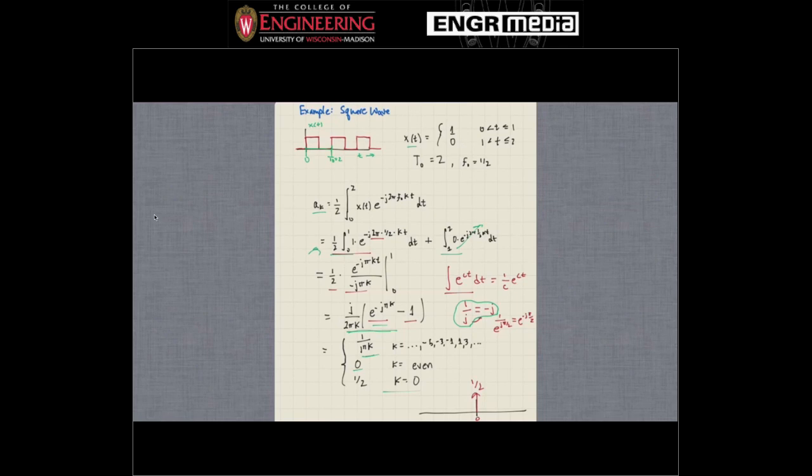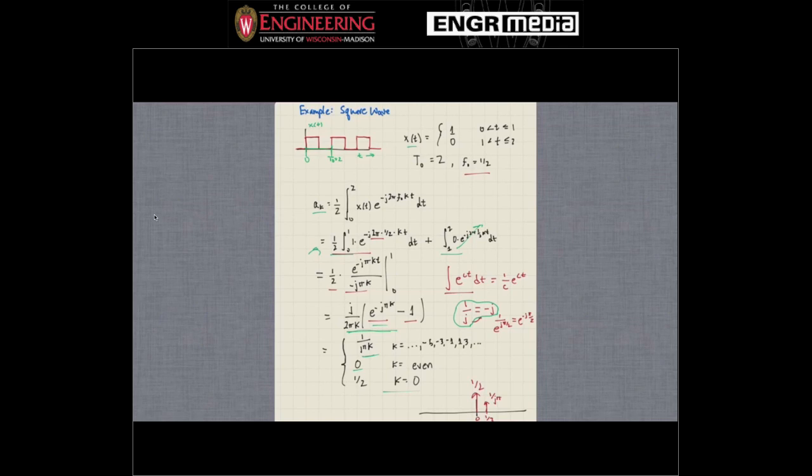For k equals 1, that corresponds to a frequency of 1/2, because that's the fundamental frequency. So we'd have some frequency here, let's say 1/2 is right there, and the amplitude here would be 1 over pi j, at 1/2 a hertz.